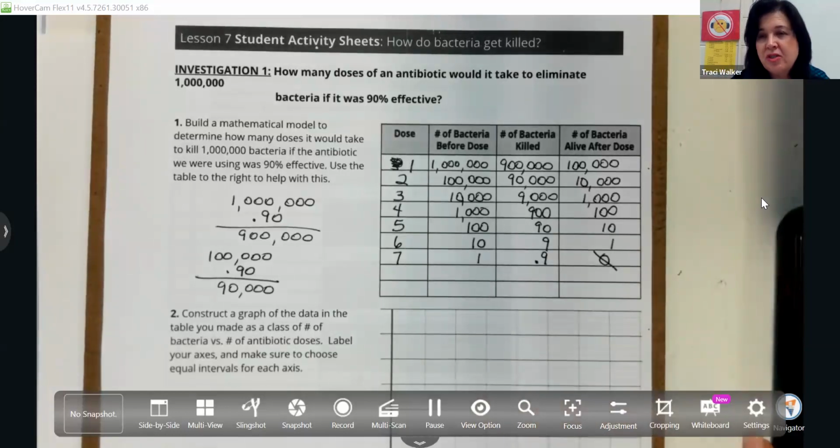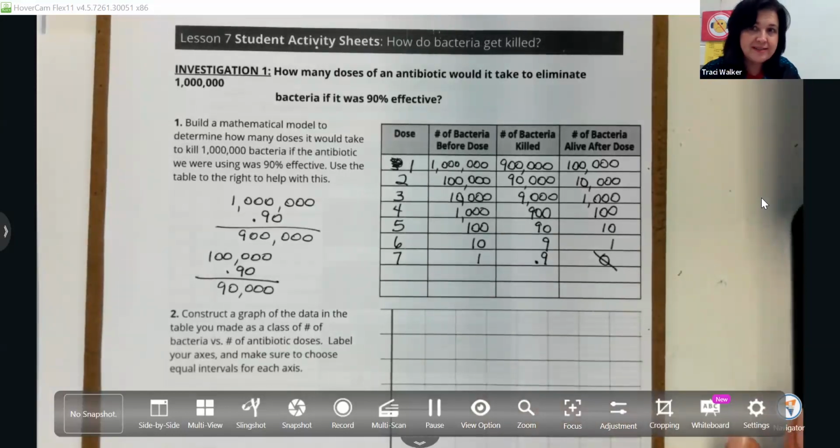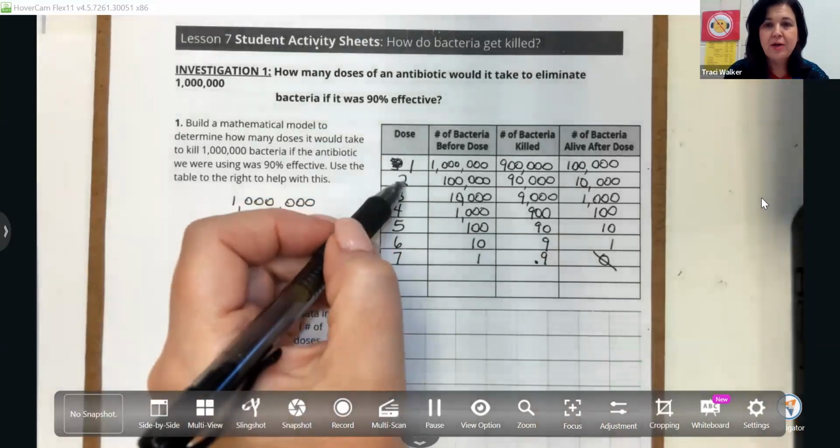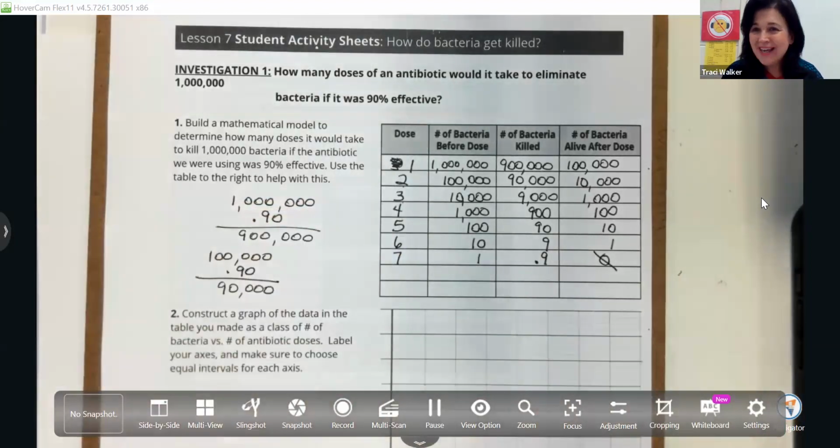And so to show you a little more realistically what is happening here, you've got to realize that you're taking an antibiotic, several doses, but you can't take them one right after the other. You take them usually like every 4 hours, depending on what the doctor tells you to do. But we're going to look at a mathematical model.